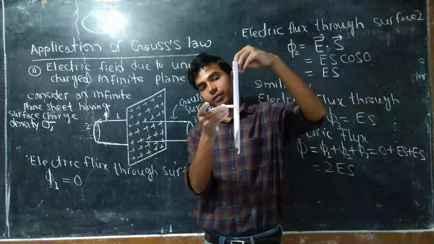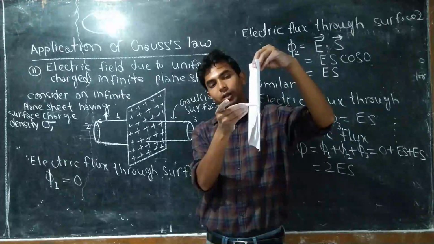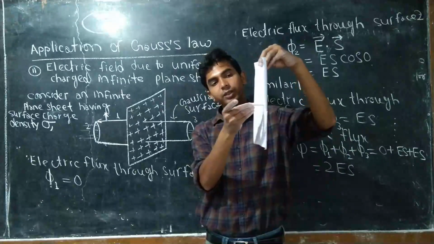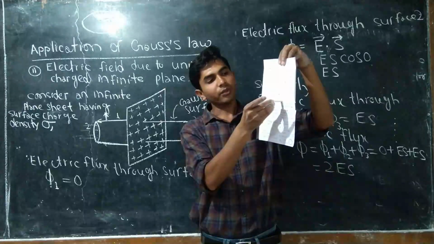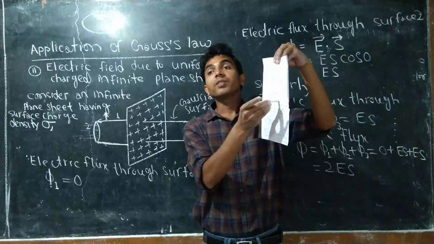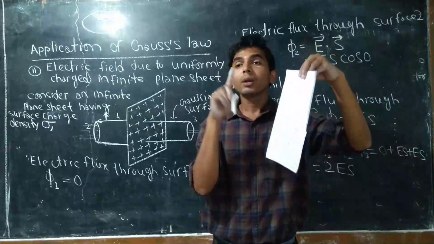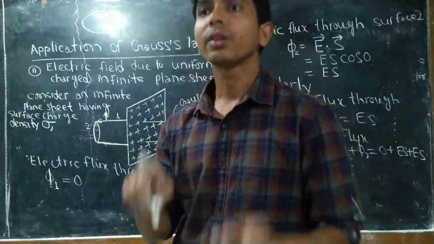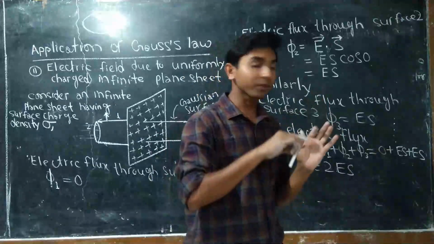So you can imagine this much area of your sheet is inside the Gaussian surface. The area which is occupied by the chalk, only that much area is inside the Gaussian surface. So the charge on that area will be the charge inside the Gaussian surface.